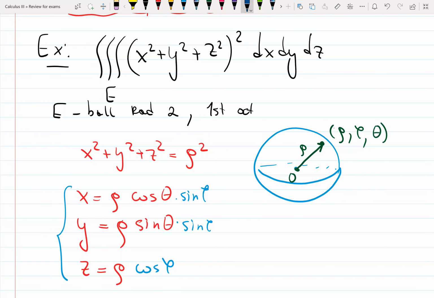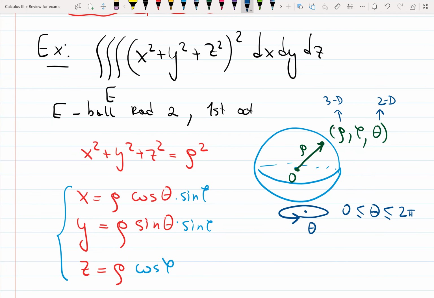Theta gives the full rotation in 2D. Rho is happening in 3D, but theta is rotation in 2D, flat. That part is coming from polar, and that's why it goes from 0 to 2 pi.